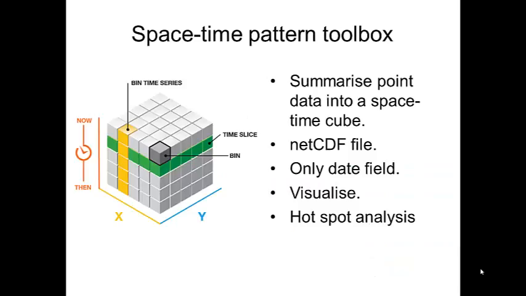This is an interesting one. I was trying to get an example of this working yesterday, but then I discovered that this tool is only limited to date fields and doesn't deal with integer numeric fields for time, which was really annoying, and I gave up. But what it allows you to do is take a point set of data with x, y, t coordinates, and then it will build this space-time cube, which is stored in a format called netCDF, a scientific data format, not an Esri format.